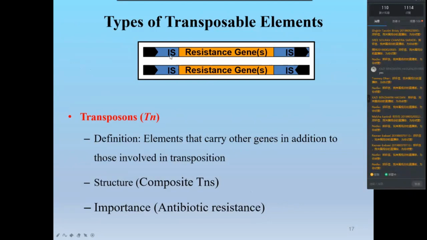We learned that the IS structure is flanking repeats with transposase. But a transposon also carries other genes, for example, a resistance gene. The structure is composite transposons. The importance of this transposon is that they can make the bacteria antibiotic resistant. So this is the transposon structure.